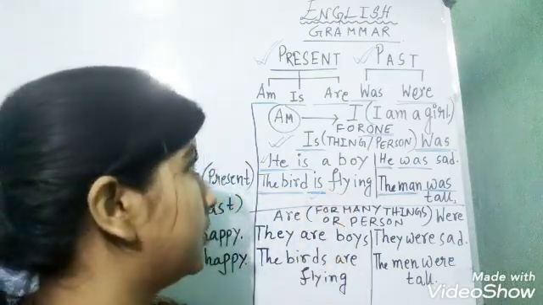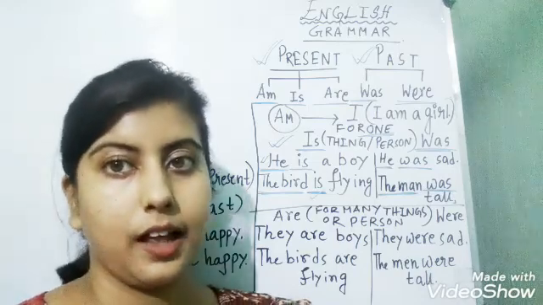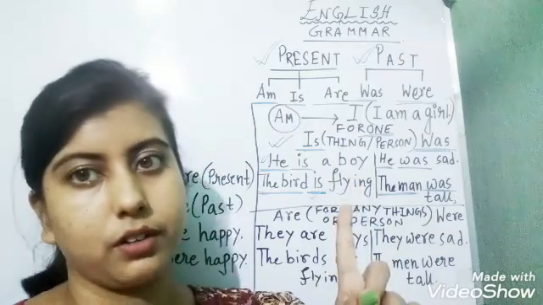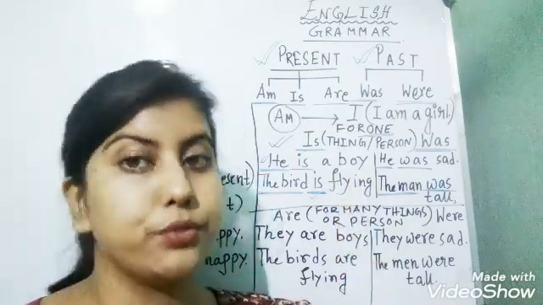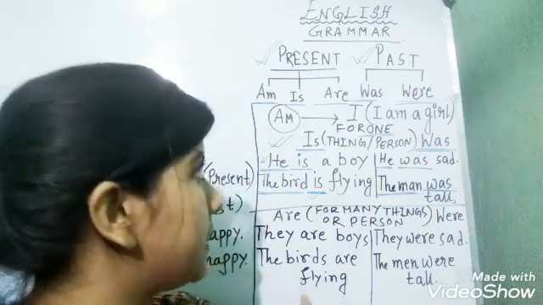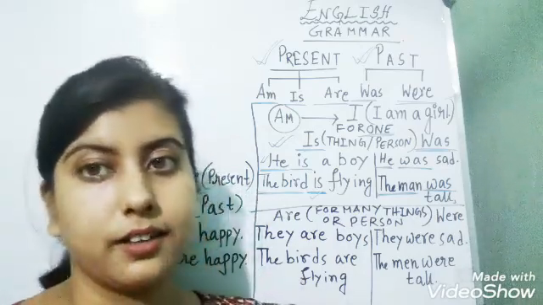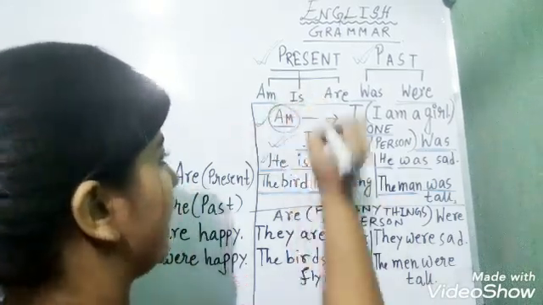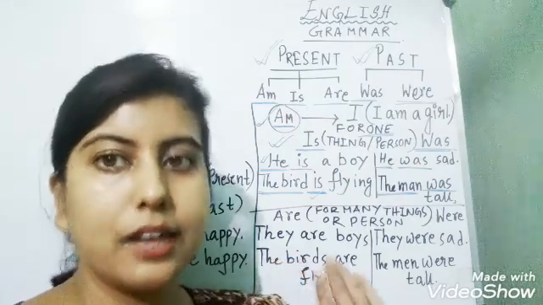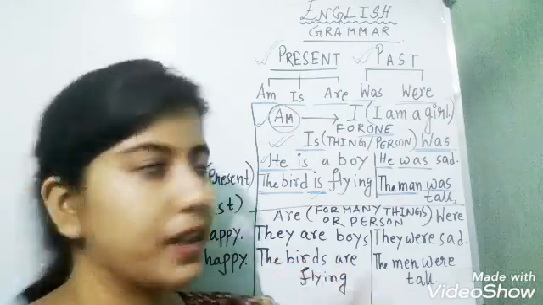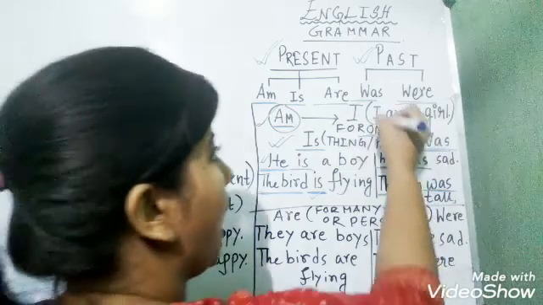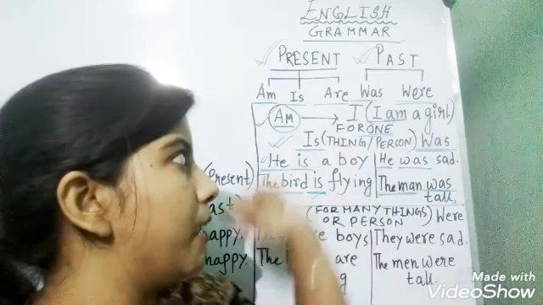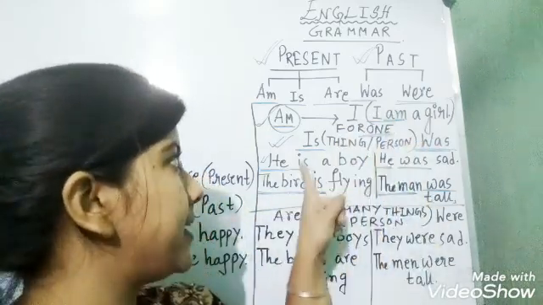Now children, the word I also denotes one person. But we will not use is for I. We will use am. I have written, I am a girl. I will not use I is.